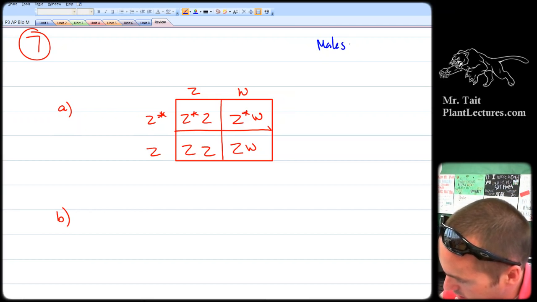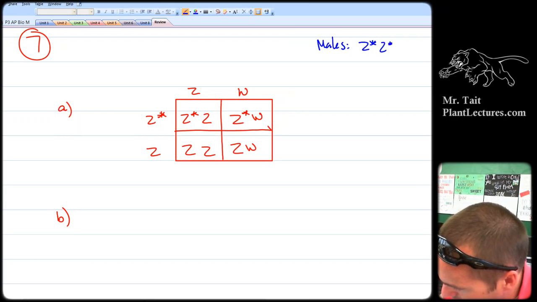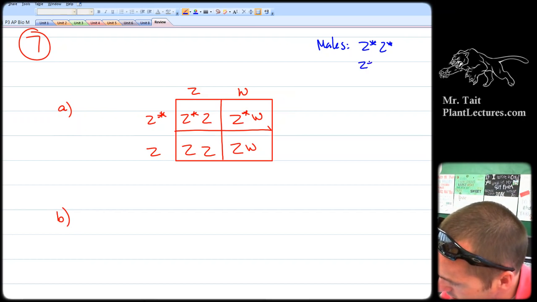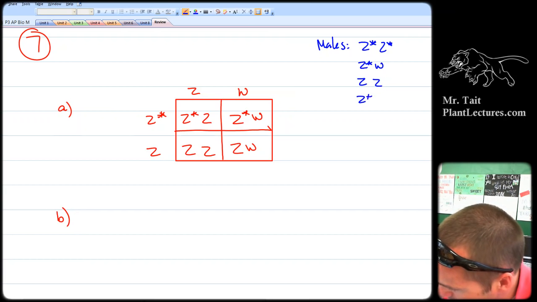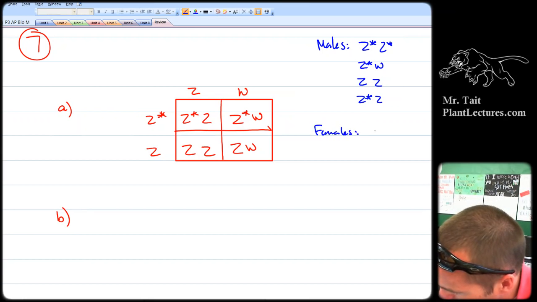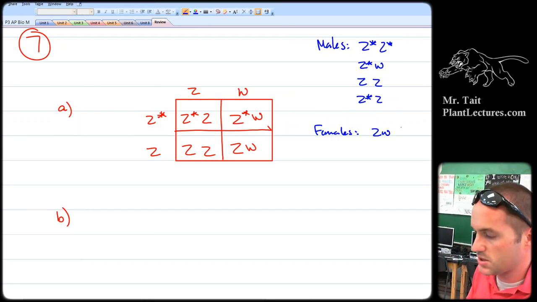The males are Z star Z star, Z star W, ZZ, and Z star Z. And the females are just ZW. That's the only possible female offspring.